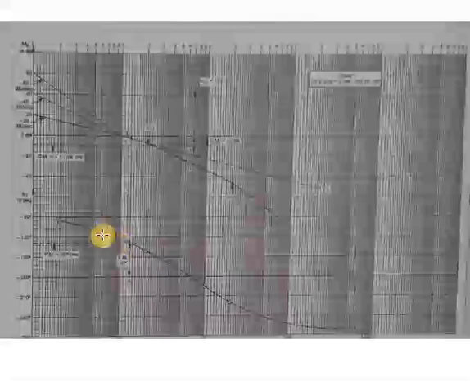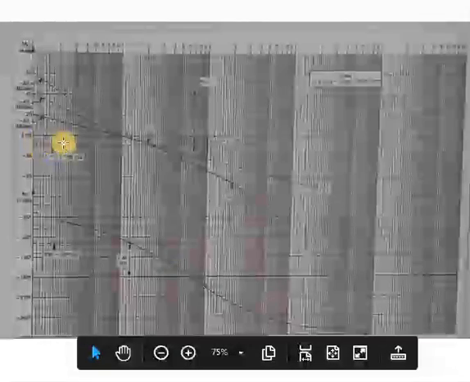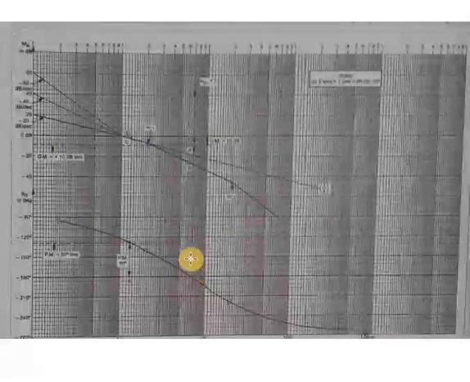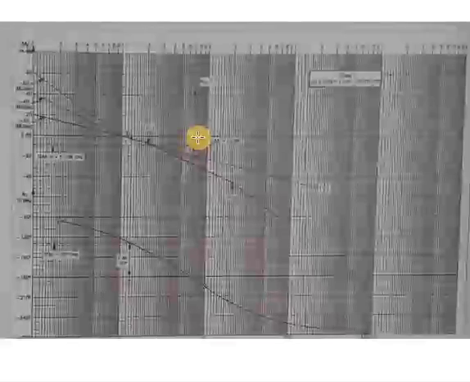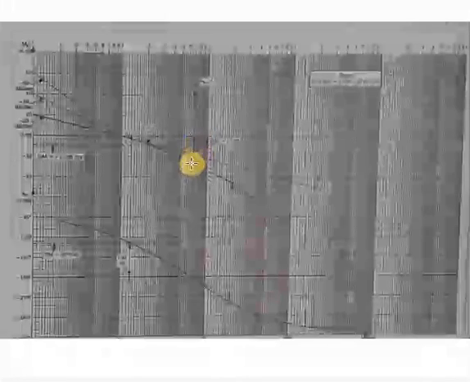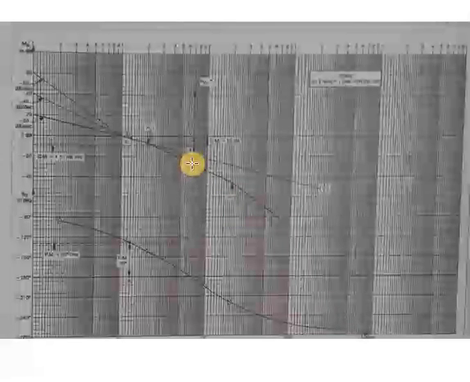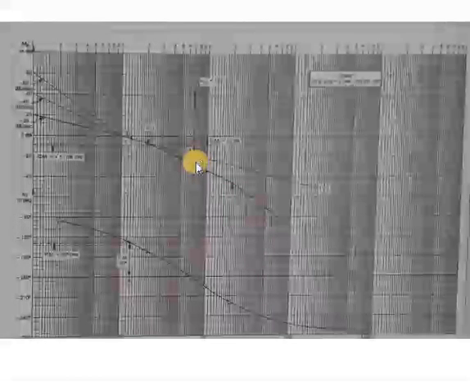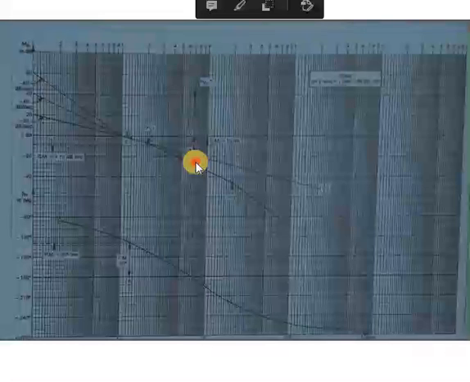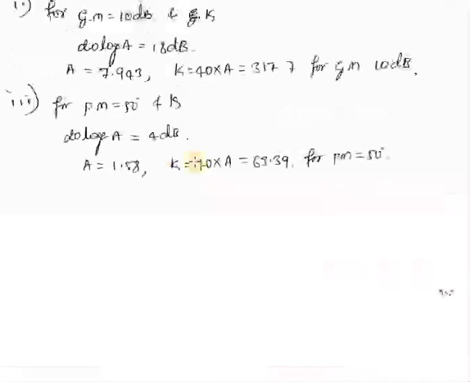So first you need to look for the intersection of this phase plot with the 180 degree line, and you draw a 10 dB line because it is given. Then from this intersection point draw a vertical line up to 0 dB and measure the distance between this 10 dB line and your actual magnitude plot. That distance is going to be the correction value. From that distance you are going to calculate the K value.